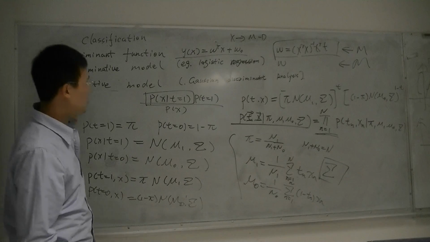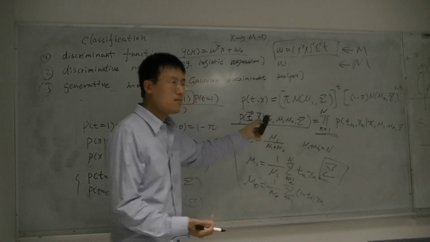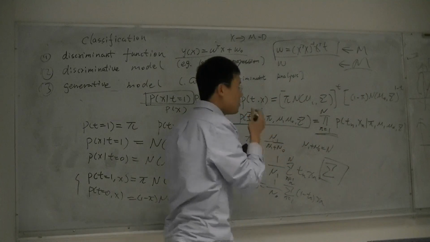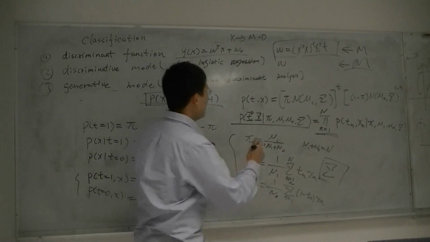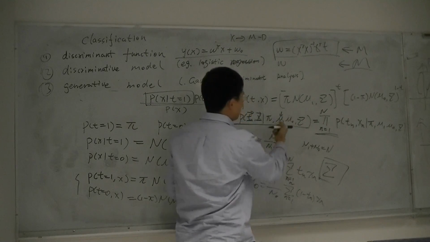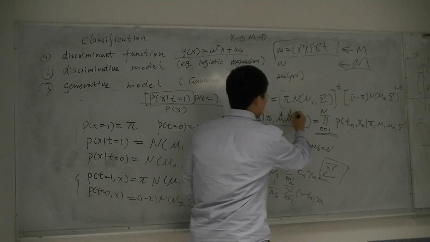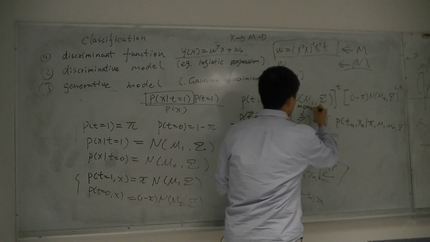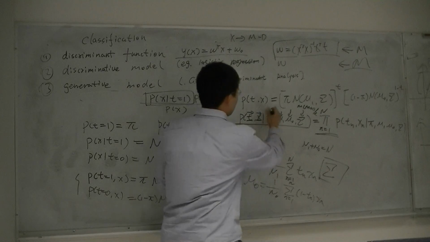And another disadvantage of this is you can see there are many more hidden variables here. So here we only have m, but here we have mu, which is m dimension, right? And mu0 is m dimension. And here is m times m plus 1 over 2 parameters, and here is 1.